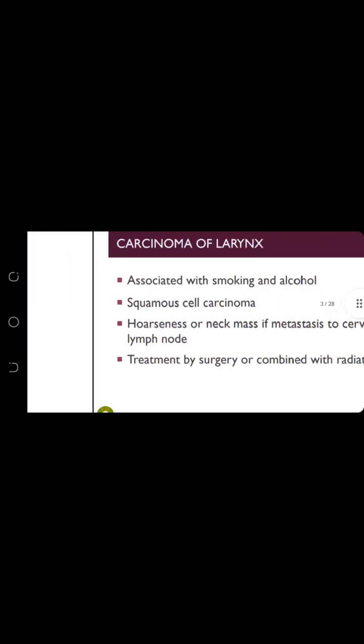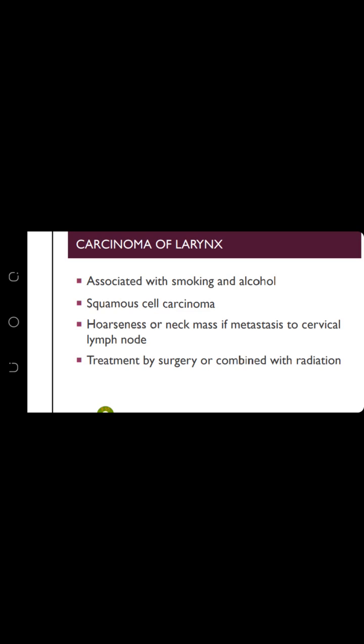Now, let's look at the carcinomas that are common in the larynx. Number one, we have the carcinomas. We're talking about cancer cells, the abnormal growth of the cells found within the larynx. Most of this abnormal growth is mainly associated with smoking as well as drinking alcohol, and also squamous cell carcinoma.